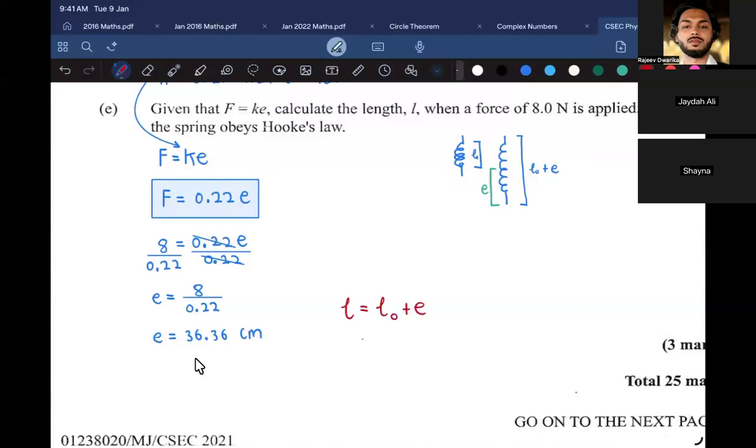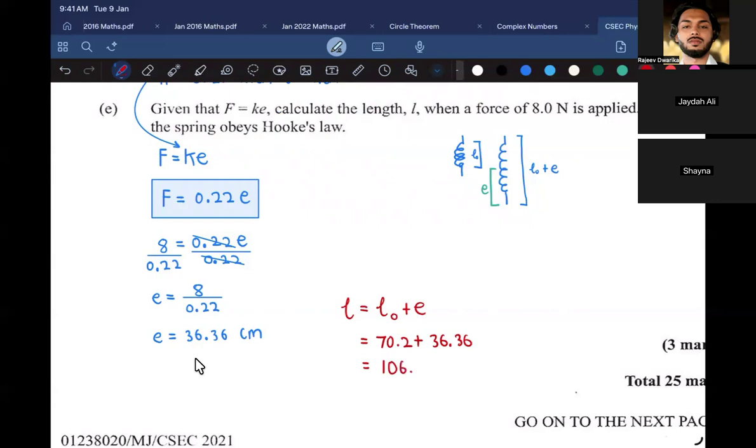And the original length was what again? 70.2. And the extension was 36.36. What are you all getting for that? 106.56.